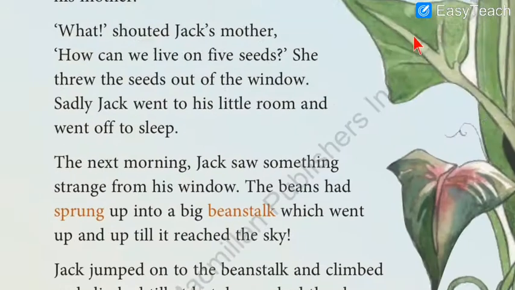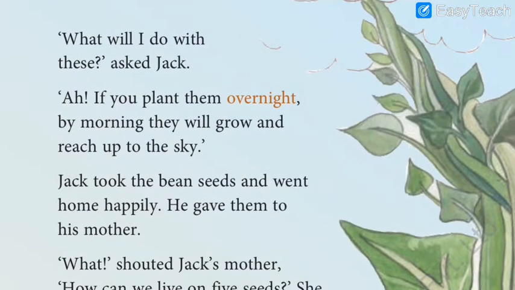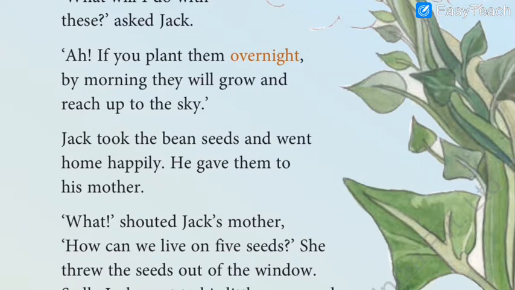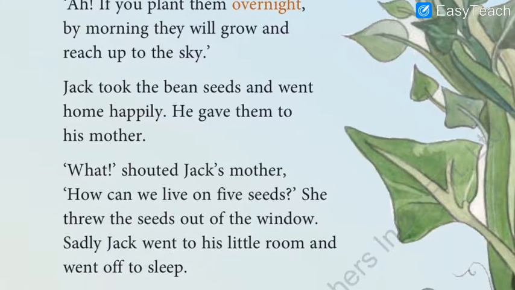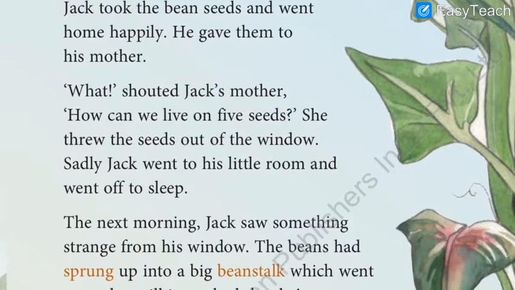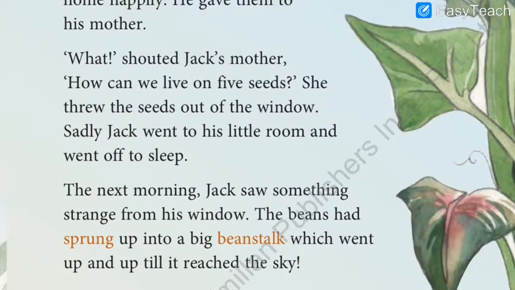So that is the reason why, when Jack returned home with 5 bean seeds, his mother scolded him a lot, because she was expecting to get some money by selling such a beautiful cow. They did not get the money. So Jack went to sleep in his room, sadly crying without having his dinner.